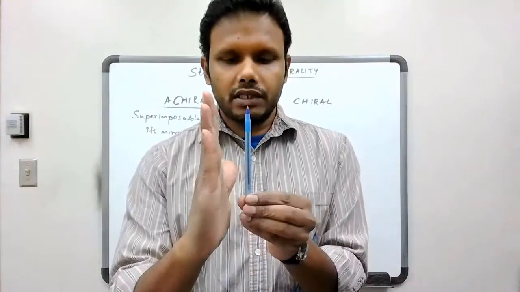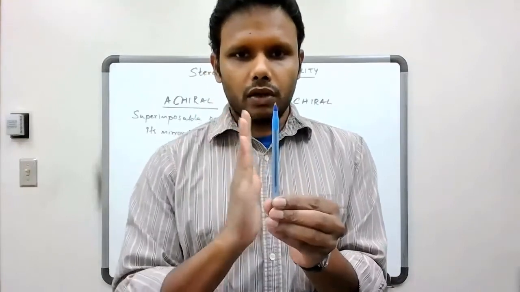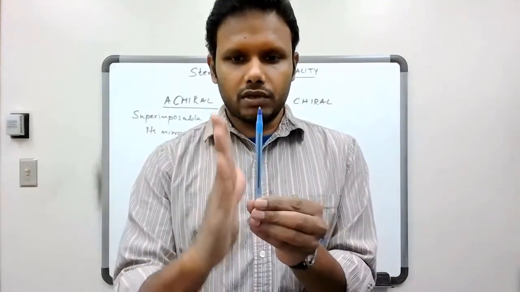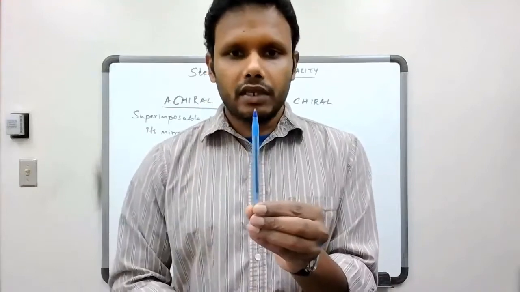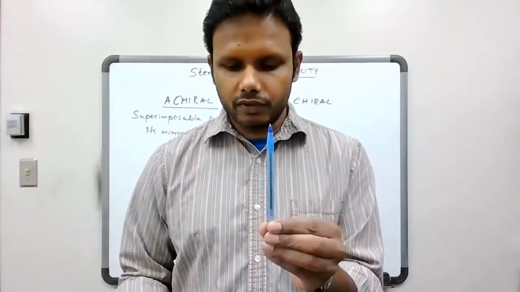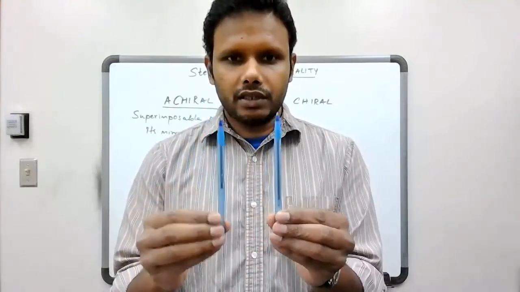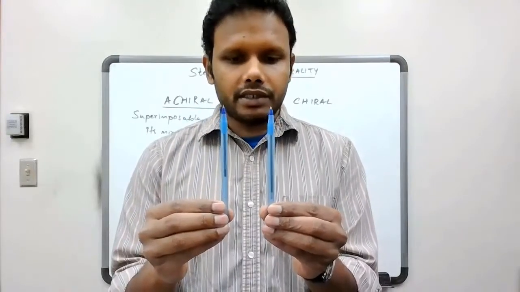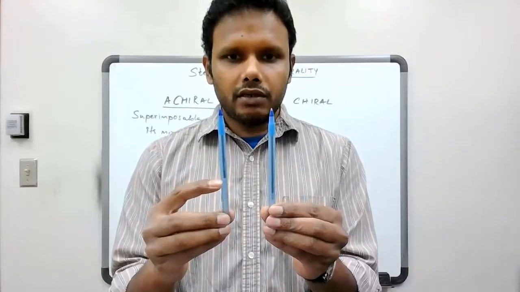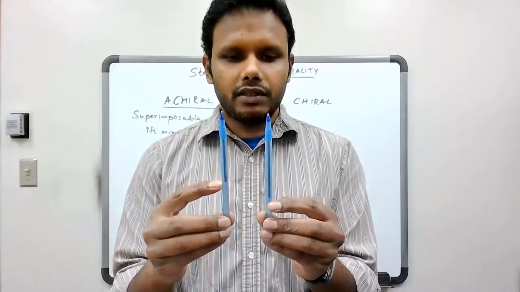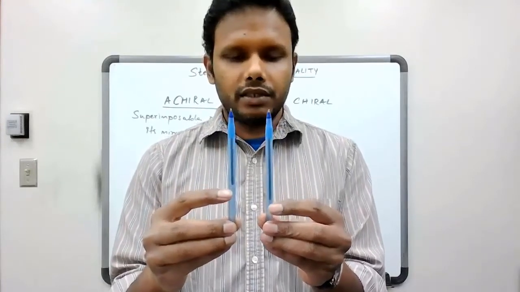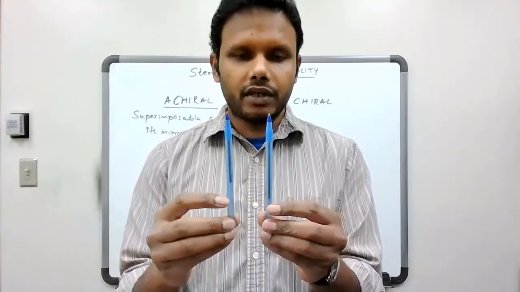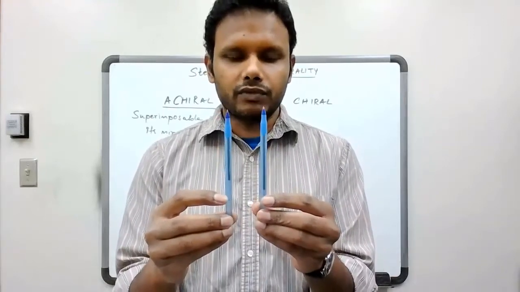The mirror is here, orthogonal to me. I should see its mirror image. Again, ignore the ink level, because that's clearly different and they don't look like mirror images for that reason.